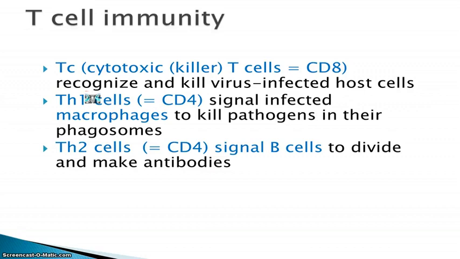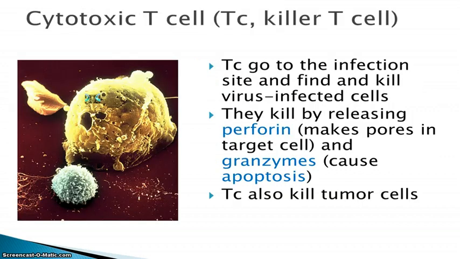So far we've been talking about helper 2 T cells. Helper 2 T cells are the ones that signal B cells to become activated and to clonally select themselves. Th1 cells basically signal antigen-presenting cells like macrophages to really become hyperactive and really kill a lot of pathogens that they're carrying around.